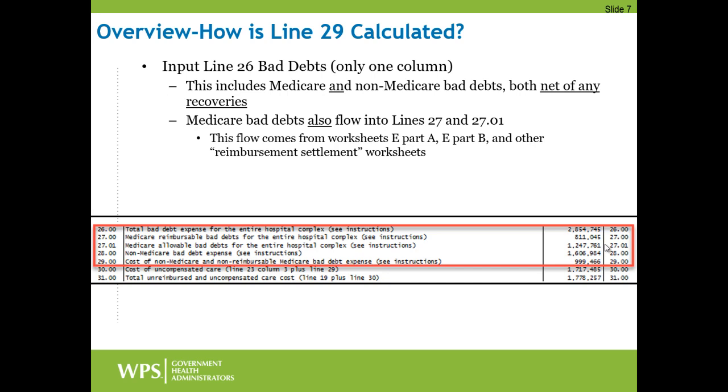Now, with bad debts, the legislation and the regulations have required a reduction that's currently down to 65%. So you get reduced 35% down to 65% for your Medicare bad debts. That 65% is the portion that's going to be reimbursed. So the other 35% is the portion that's not compensated. That is the portion that ultimately is going to flow in to be added to all these charity care and other items. So that's what we're doing in this particular line.